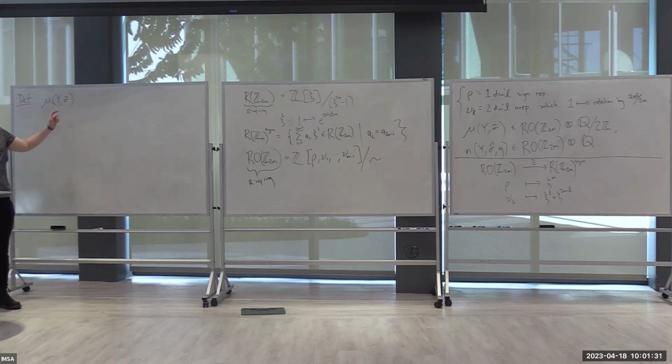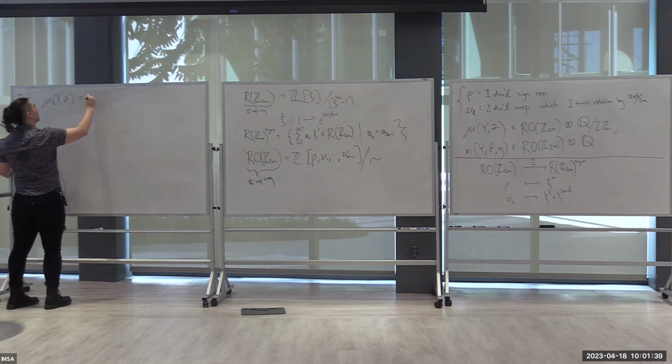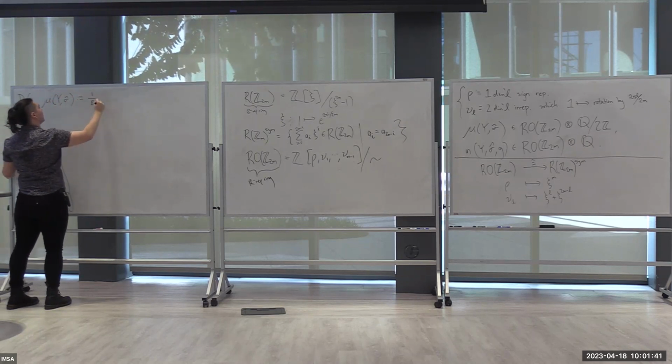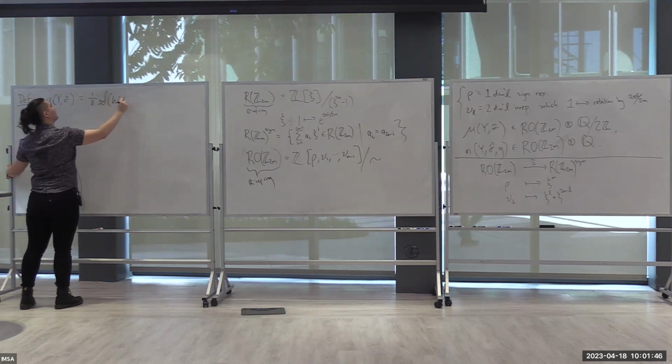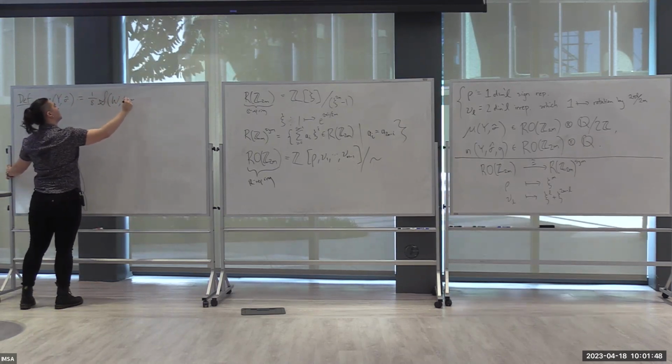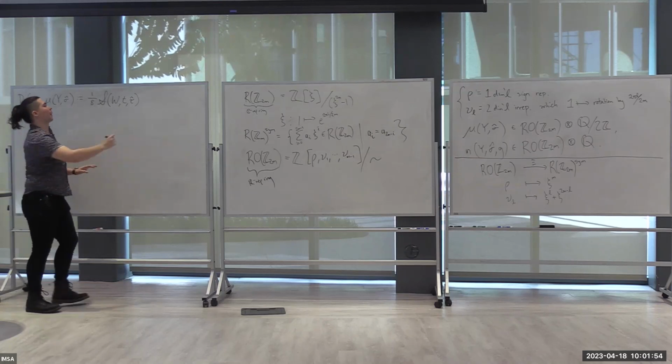So let Y, sigma hat be a Z mod 2m equivariant spin integer homology 3-sphere, and we'll define it to be 1/8 times curly S of W, tau hat. I'll explain what this is in a second.